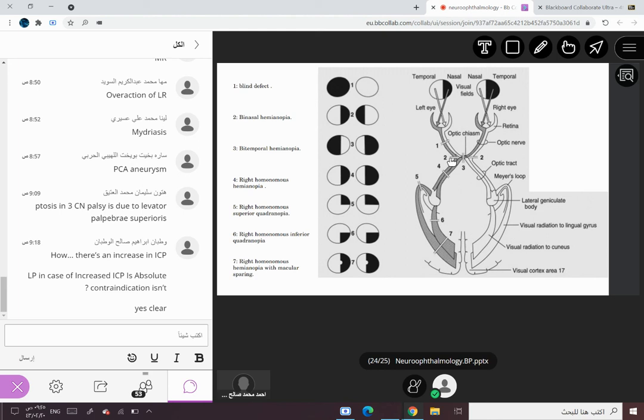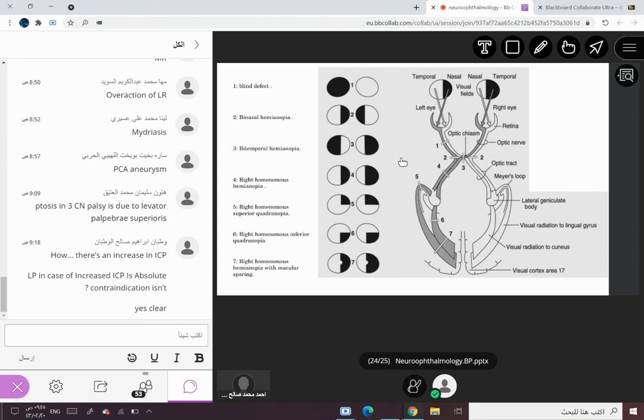Binasal hemianopia means the patient can see things on the temporal side, but cannot see the nasal field.